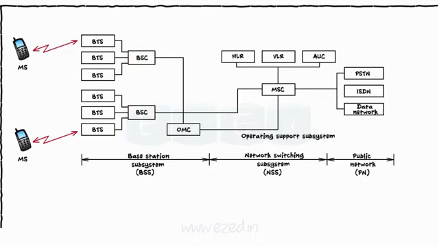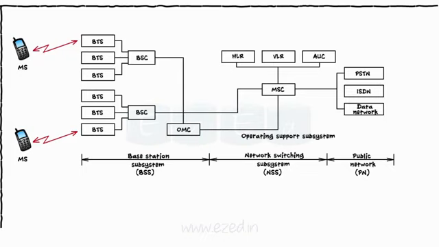Practically, every MS gets connected to the BTS of that area. This BTS sends the signal to the BSC. Many BTS are connected to one BSC, and at the end of this, the BSC is connected to the MSC. Hence, the BSS consists of BTS and BSC.